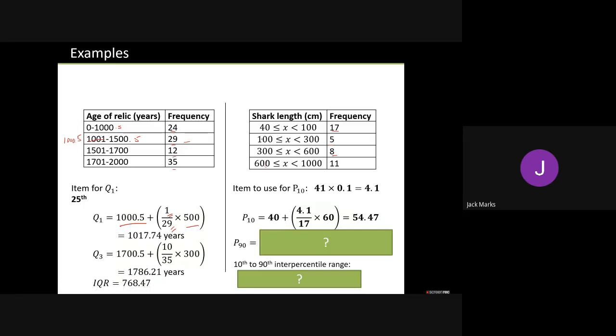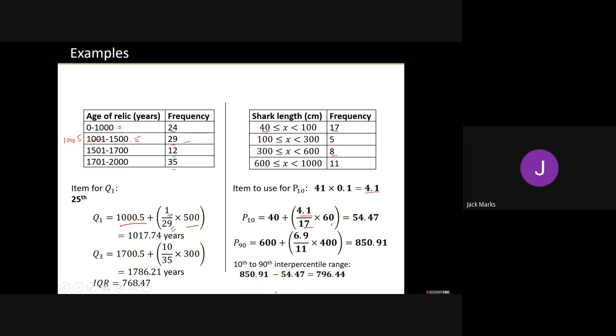We have the lowest point here. We have 4.1 in, out of the 17 in the group, multiplied by the width of that group. And there's no need to adjust the width. This is done for you already. The 90th percentile you could do in a similar way, and you could find a percentile range by doing this.